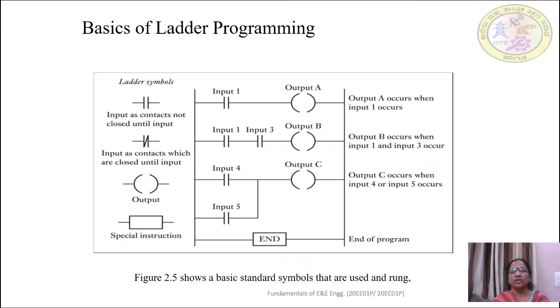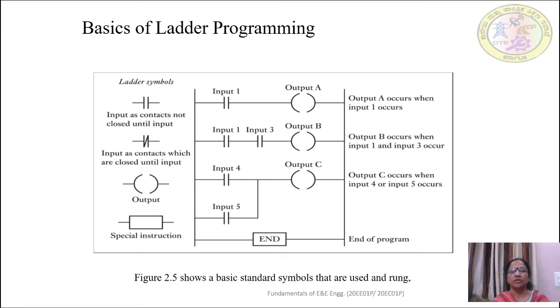Output A occurs when input 1 occurs. Output B occurs when input 1 and input 3 occur. Output C occurs when input 4 or input 5 occurs. And the end represents the end of the program.